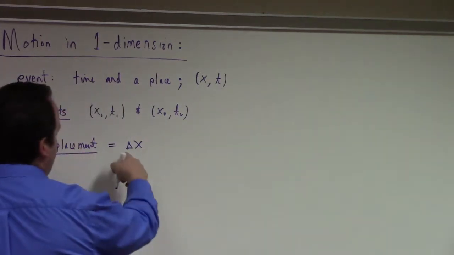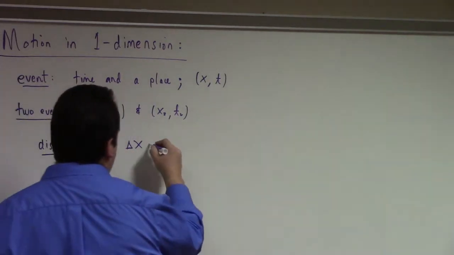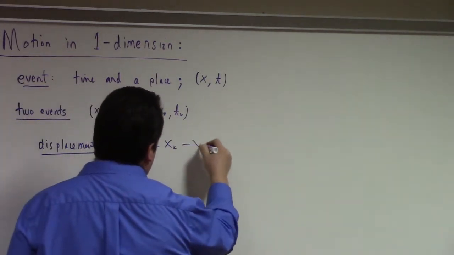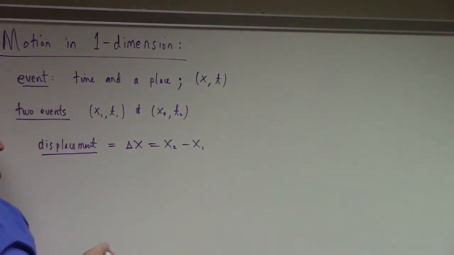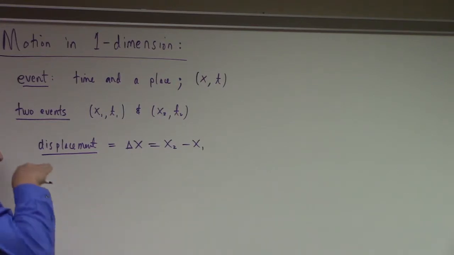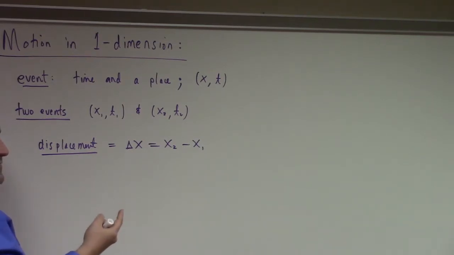Anyway, it's a triangle. So change in x, that's simply x2 minus x1. Right, the sign of the displacement is interesting, right? If x is the coordinate in the horizontal direction, if the displacement is positive, that means the motion is to the right. If the displacement is negative, the motion's to the left, right? So there's displacement.